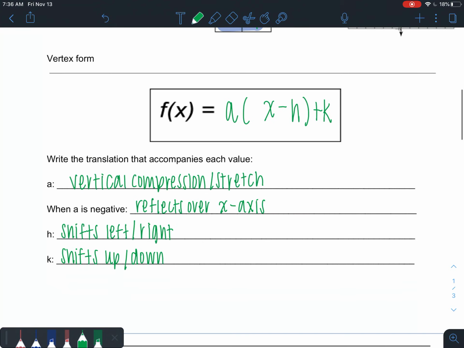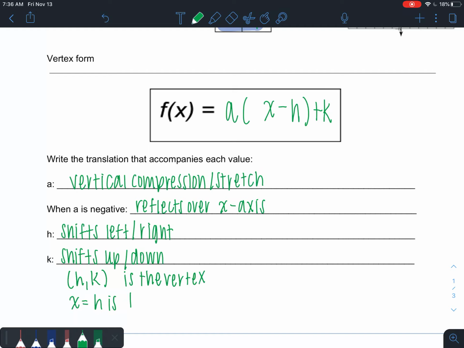Okay. Again, here's vertex form where A is a vertical compression or stretch. When A is negative, it reflects it over the x-axis. H shifts it left and right, and K shifts it up and down. HK is the vertex. X equals H is the axis of symmetry.